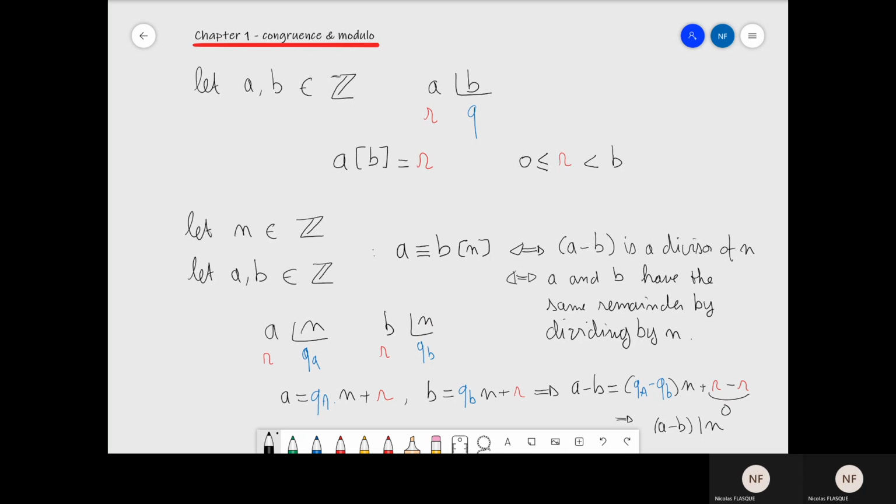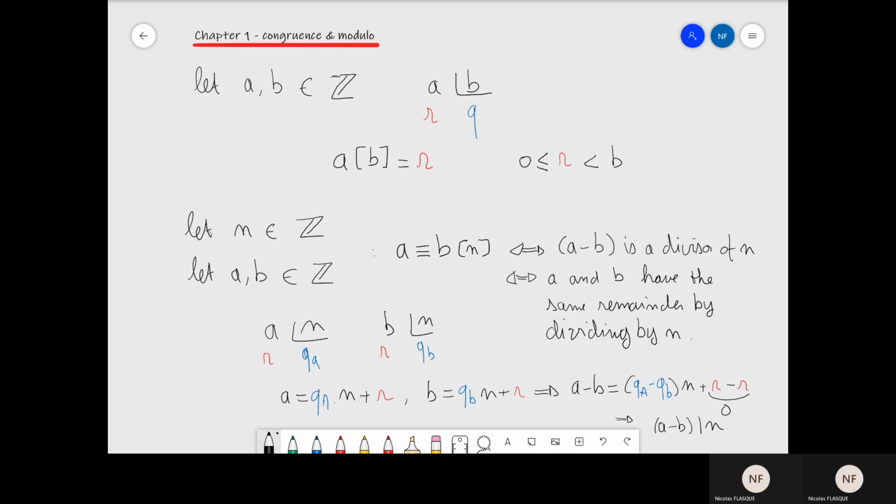So this is not very difficult, just to remind you that sometimes in the remainder of the course we can use the notation A modulo B or P modulo n.